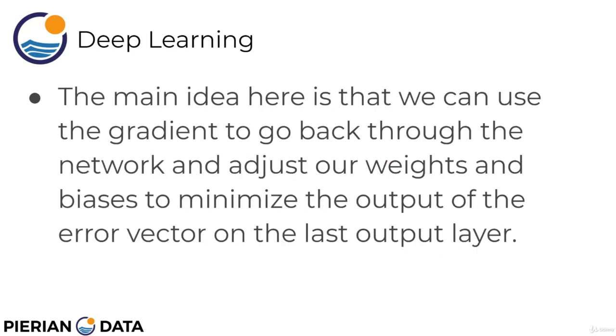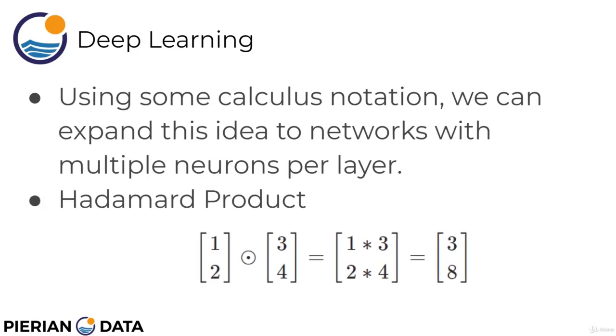Now the main idea here is that we can use the gradient to go back through the network and adjust our weights and biases to minimize the output of the error vector on that last output layer. And recall that the gradient is essentially that derivative when you're dealing with n dimensions.